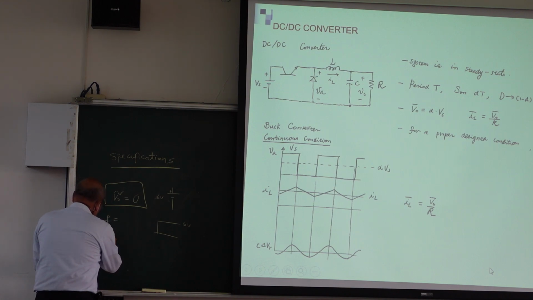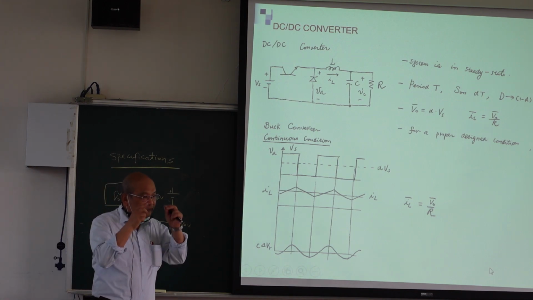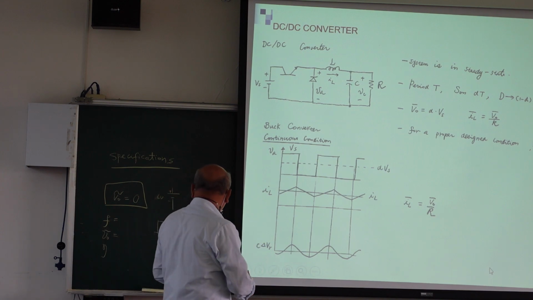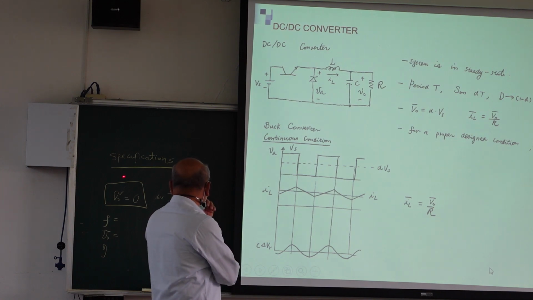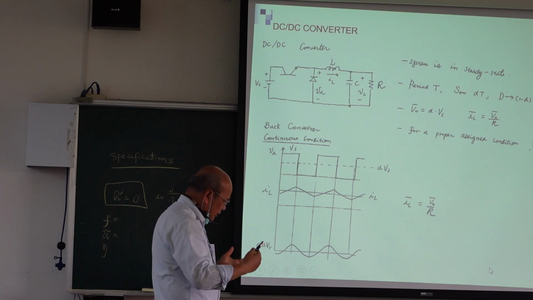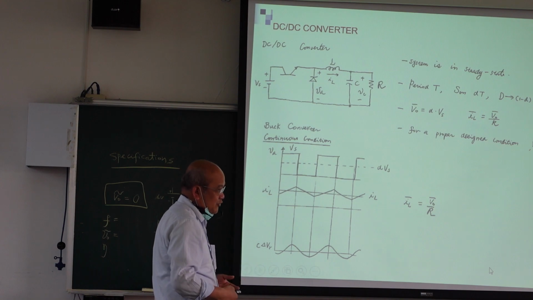What is my output ripple? What is my efficiency, right? You have to claim your specification performance. Then you try to reach your specification. Then you will ask one question: how can I decide my specification?